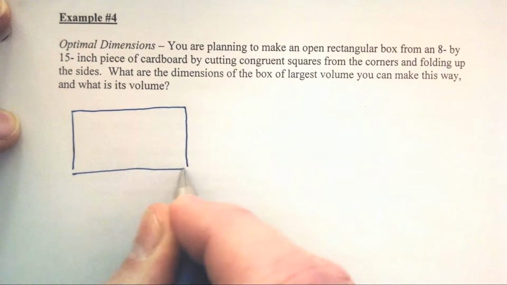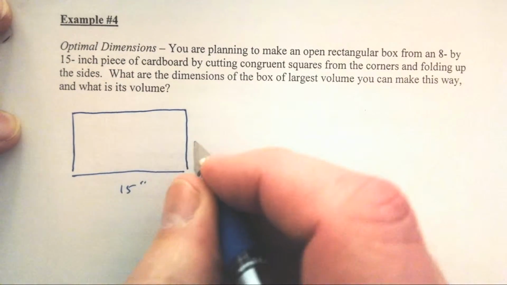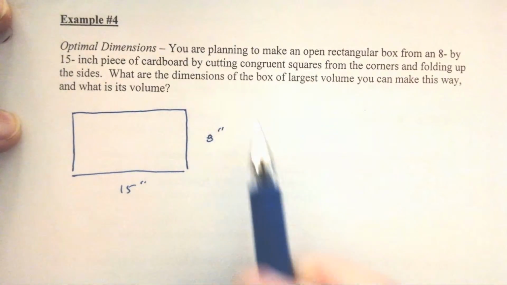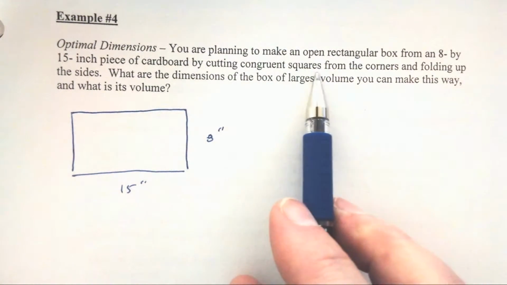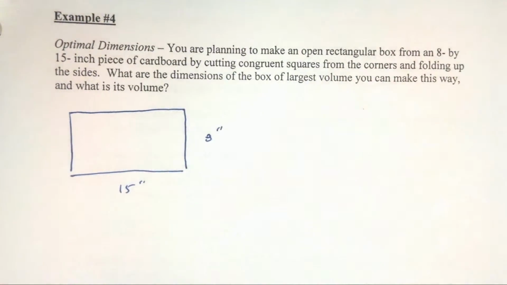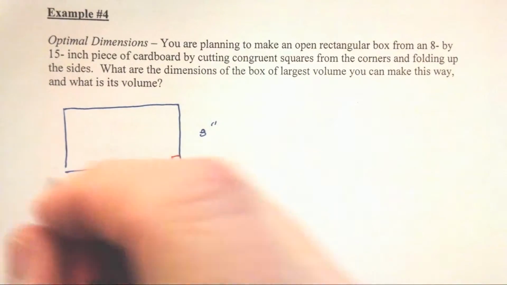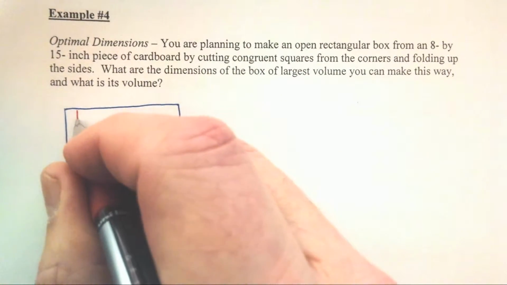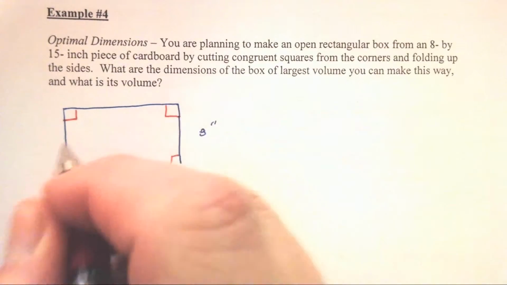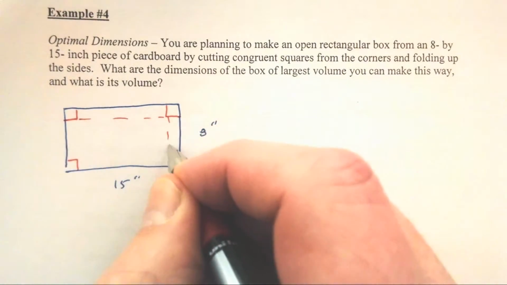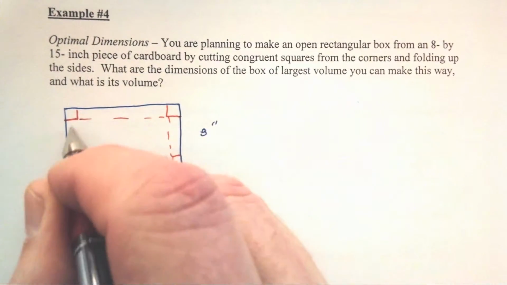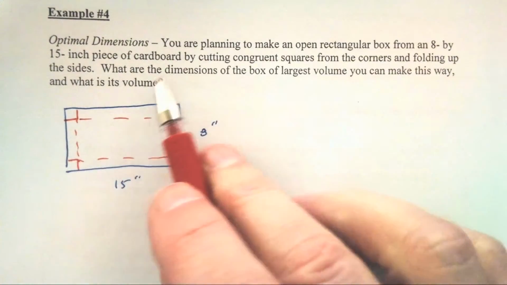You are planning to make an open rectangular box from an 8 by 15 piece of cardboard. So we start with this 15-inch by 8-inch piece of cardboard, and we're going to be cutting congruent squares from the corners, of some size, and then folding up the sides.